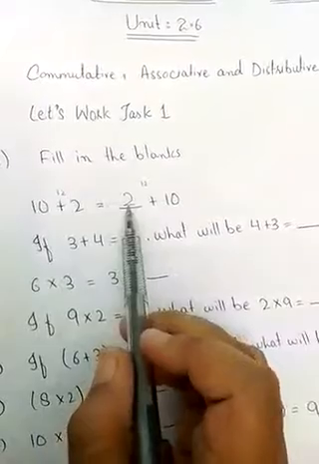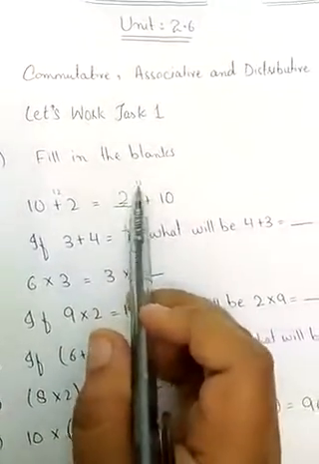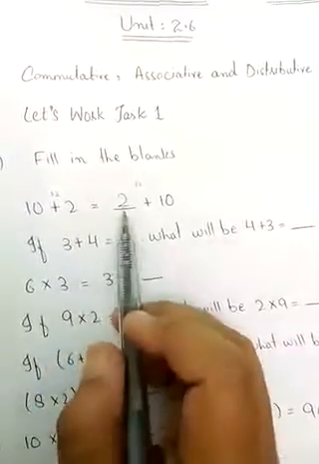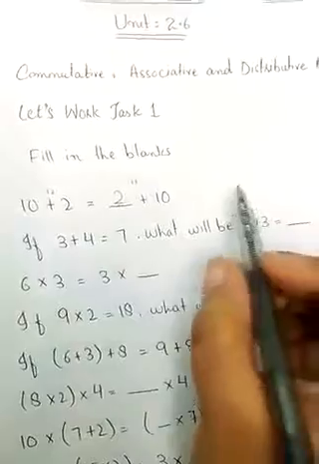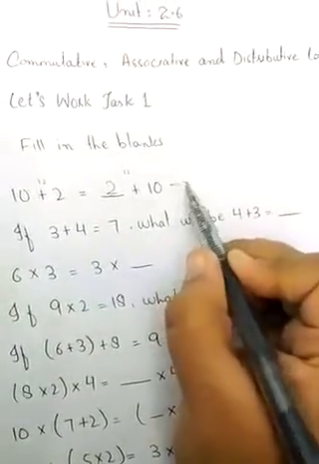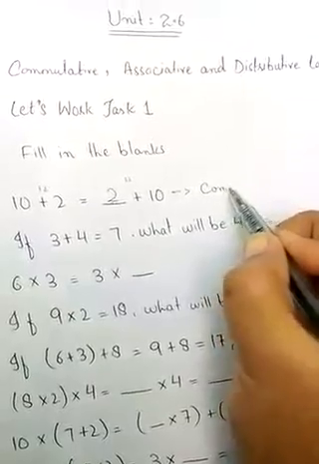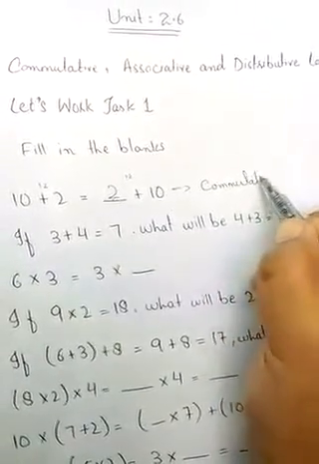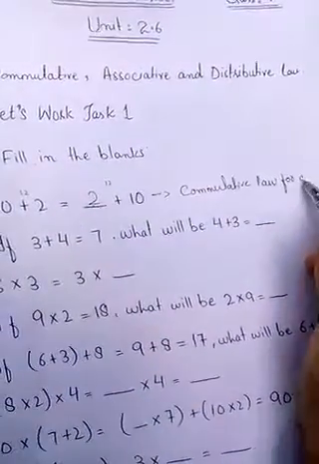Here we can see that we just swap the number and get the same answer. So the numbers are same and we just change the place of the number and get the same answer. It means that this is commutative law for addition.